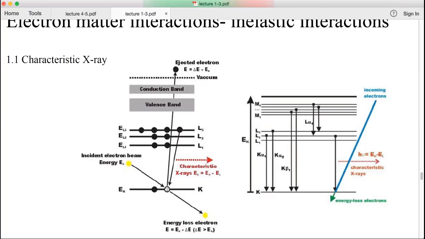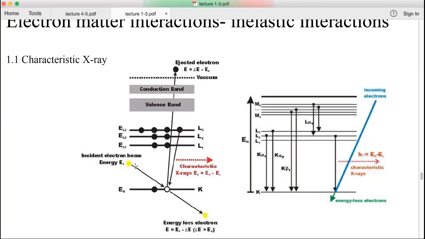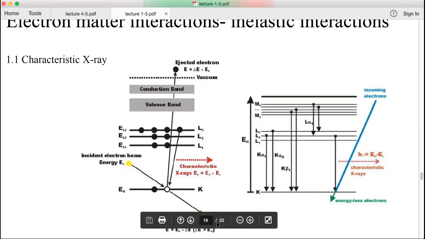Now what happens? An electron vacancy is created. What happens to the incident electron beam? It originally had E naught energy, and it gave part of its energy to this electron to completely remove it from its shell, and that incident electron now has lost some energy and will go out with a reduced energy, right?